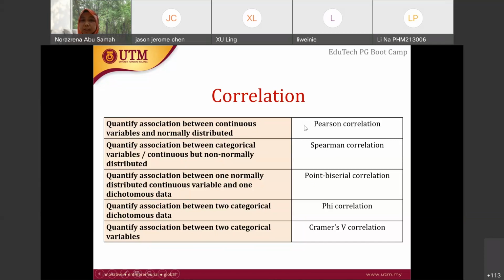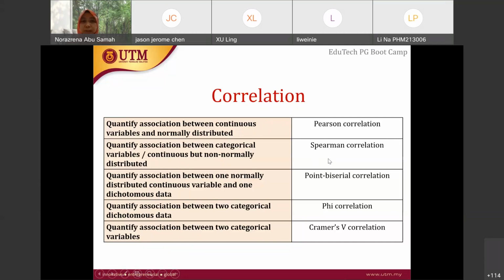So this is for parametric. This is for non-parametric. But if the continuous data is not normal, you cannot run the parametric Pearson. So you have to run the non-parametric, which is Spearman correlation.